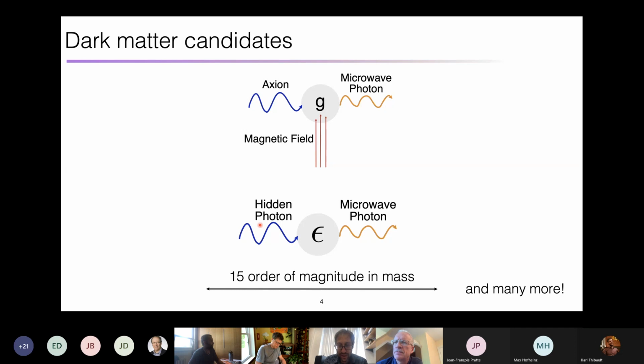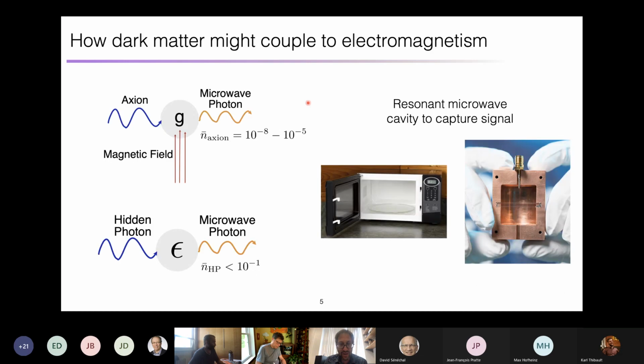Okay, yeah, and so we come in basically on this: you want to convert it into a microwave photon, but then there's the question of how you measure that microwave photon once it's there, and that's where I got involved. So the basic mechanism again is that it will convert either through the magnetic field or through the dielectric.